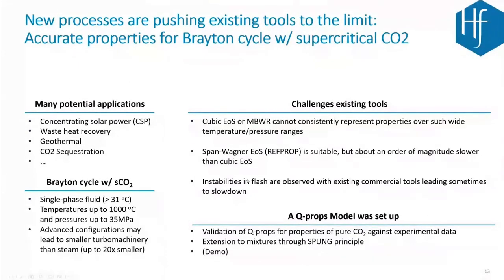And furthermore, you can see sometimes instabilities in the flash because of the difficulties of numerical solution with such empirical equations of state. They have multiple volume roots compared to the cubics, and that's really causing issues.